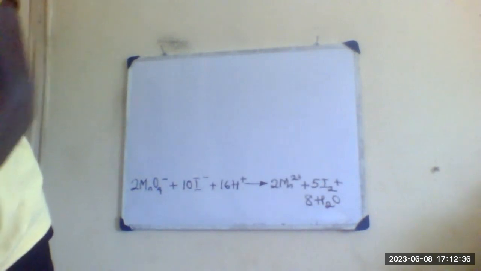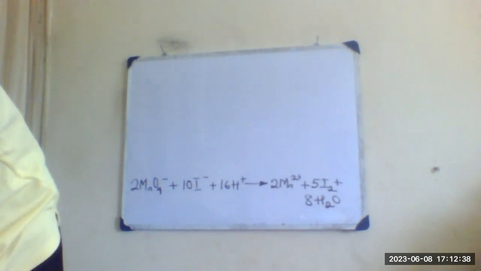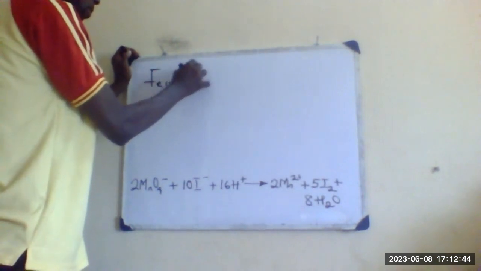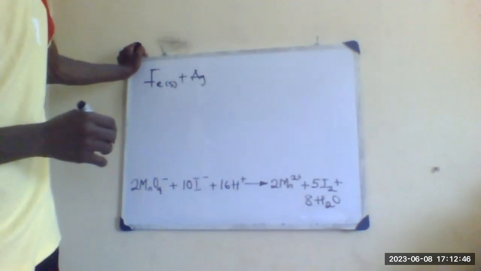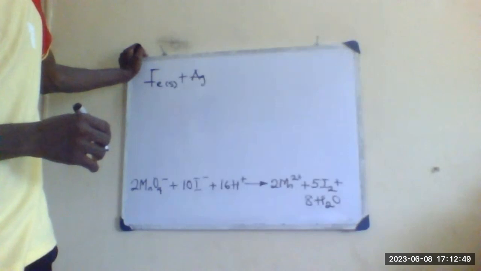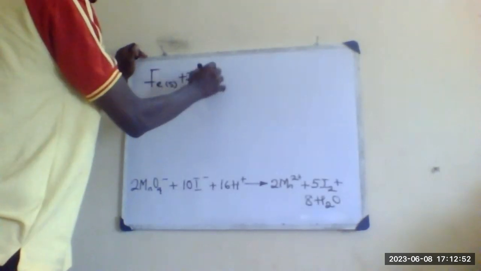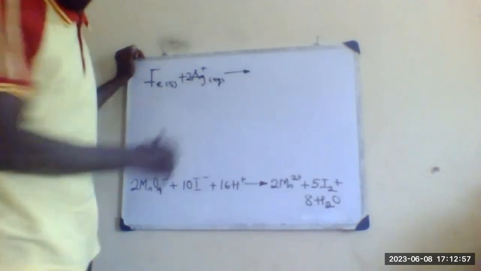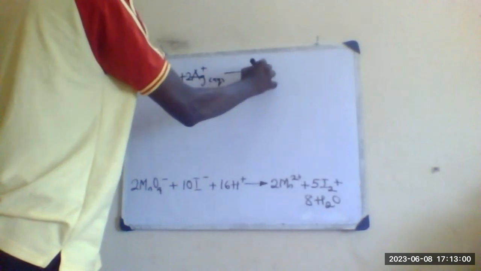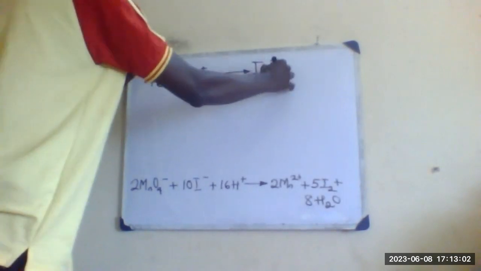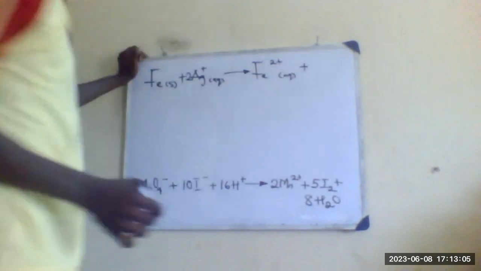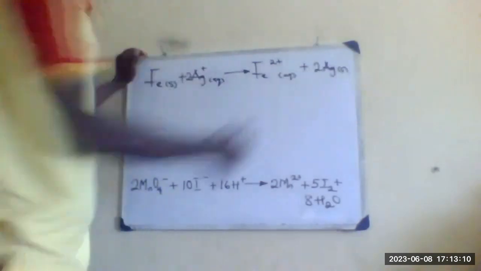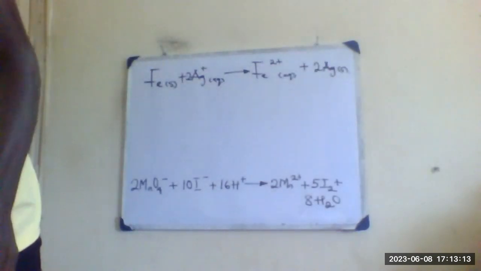Balance the redox equation below: Fe solid plus Ag+ aqueous gives you Fe2+ aqueous plus Ag solid. Is that taken?